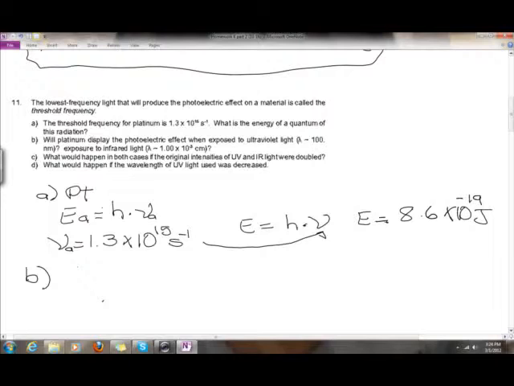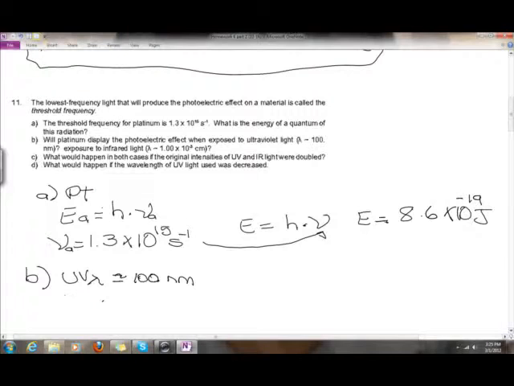Will platinum display the photoelectric effect when exposed to ultraviolet light? The ultraviolet light has a wavelength around 100 nanometers. And what about infrared? For ultraviolet, the wavelength is going to be around 100, a good guess, because we need to use at least this number.